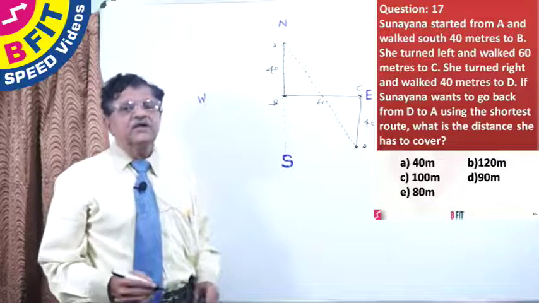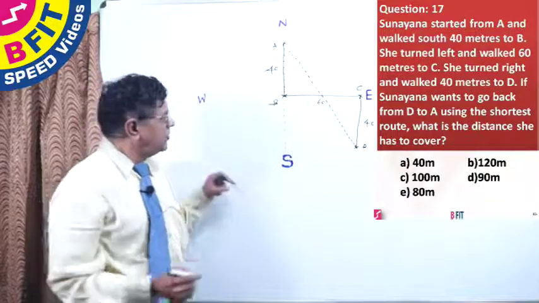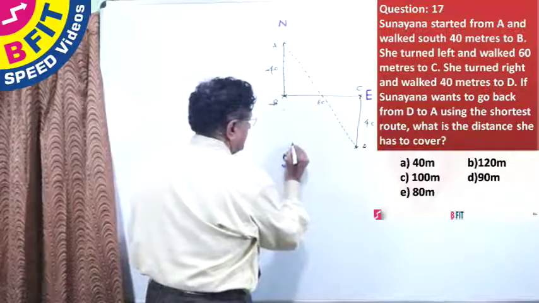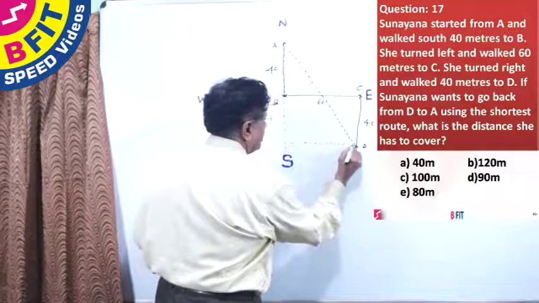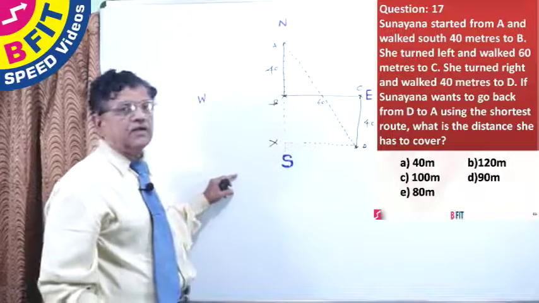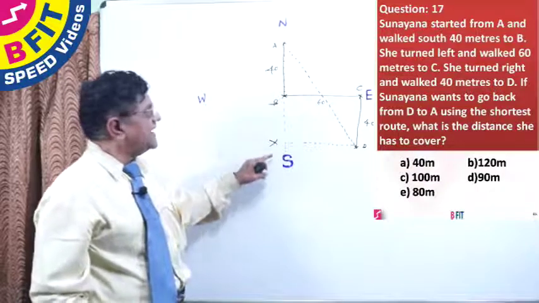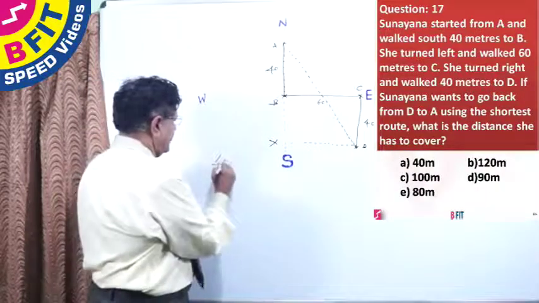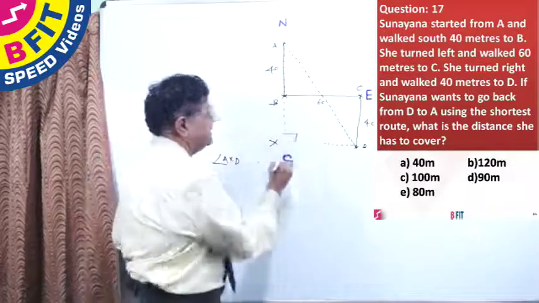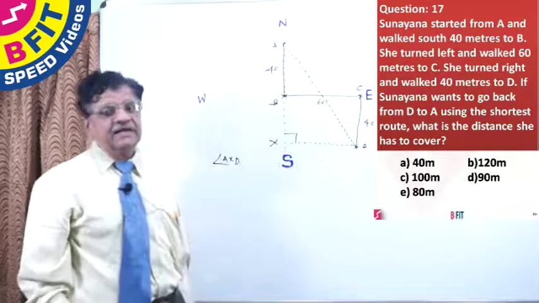For that we will do a little jugglery by way of extension. Now let us extend this triangle. Call this X. Now in triangle AXD, this is 90 degrees, and therefore AXD is a right angled triangle.